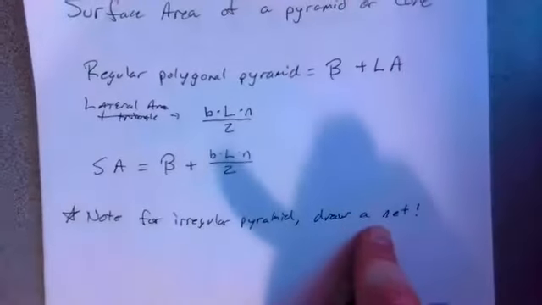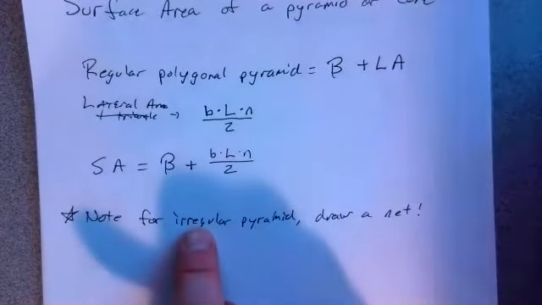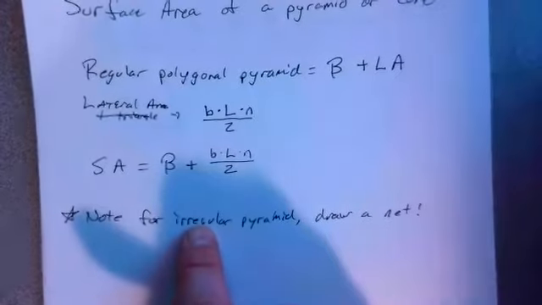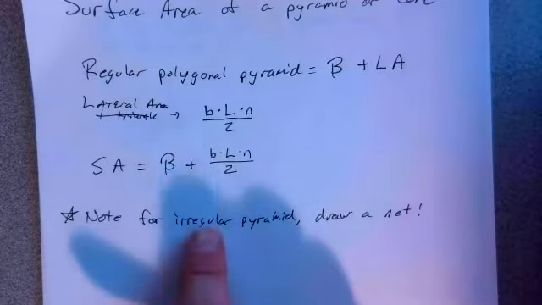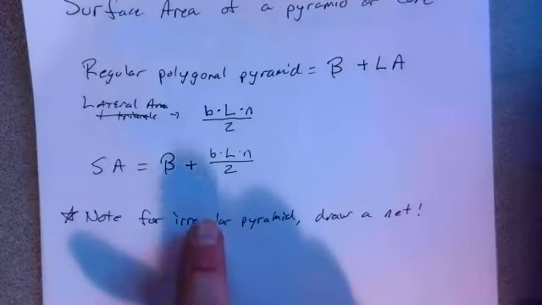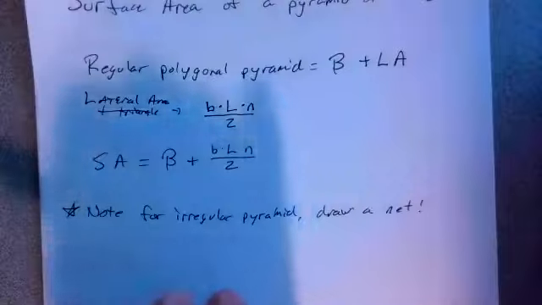You know what a net looks like, so do a rough sketch of a net, because on an irregular pyramid, you can imagine that the triangles on the side for the lateral area are going to be of different sizes. So draw a net and just take your time and go slow.